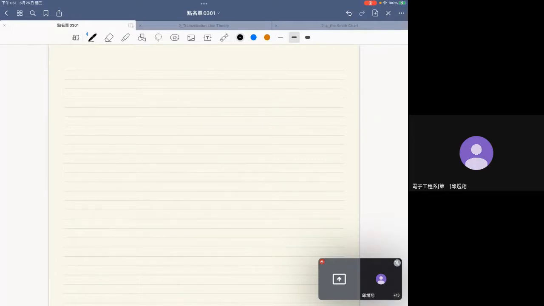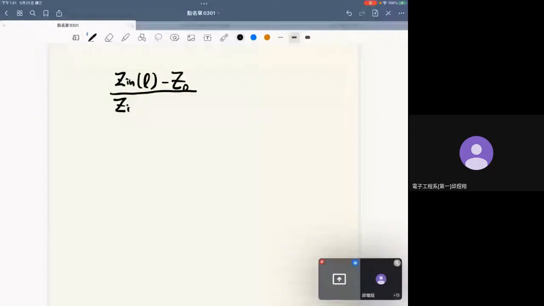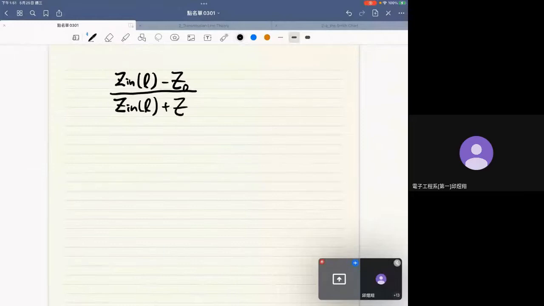Okay, let me write down this one first. Z in L minus Z0 divided by Z in L plus Z0, okay? And I want you to write down all of the assumptions.